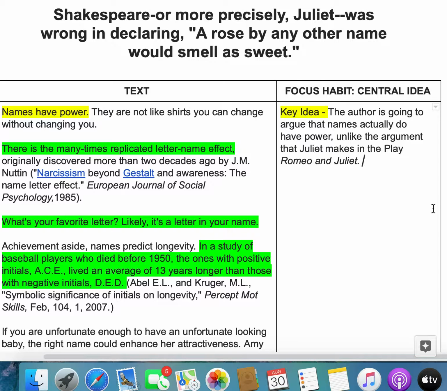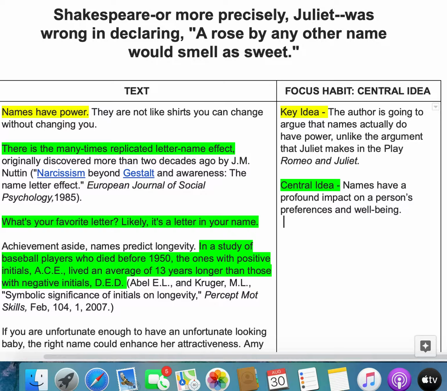Okay, so I think I've found a central idea. The central idea that I've identified is that names have a profound impact on a person's preferences, like their favorite letter, and their well-being, like how long they live.